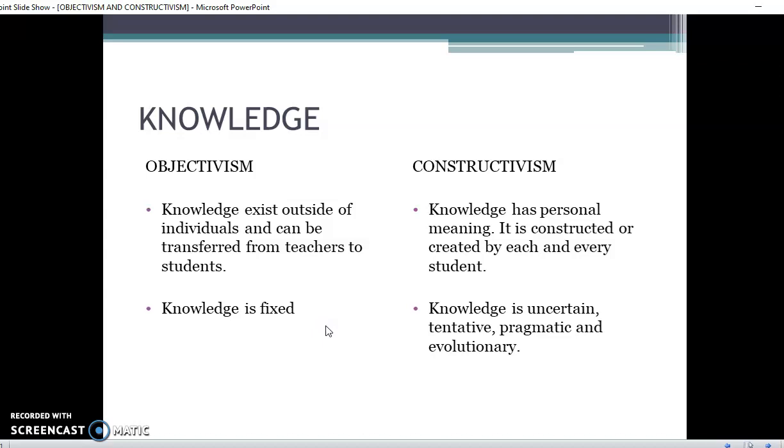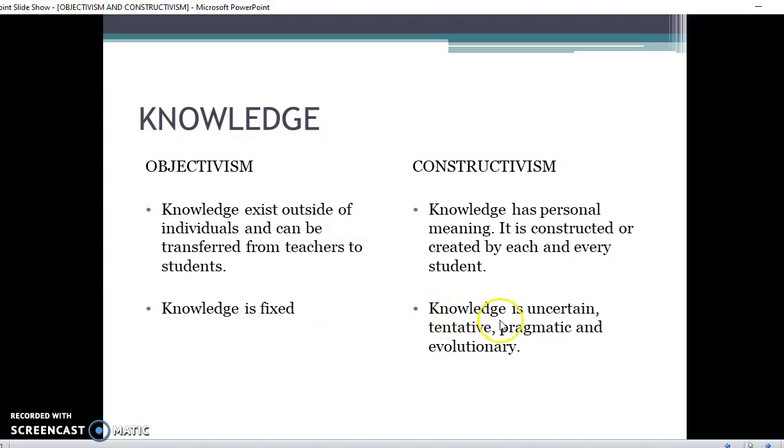But the constructivist approach says that if I call this object square, but someone else comes up with a better theory and better evidence which proves that it is not a square but a rectangle, then we have to believe him or her based on the evidence she or he is providing.